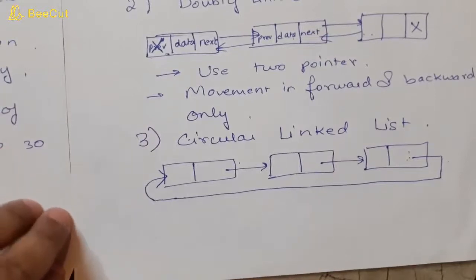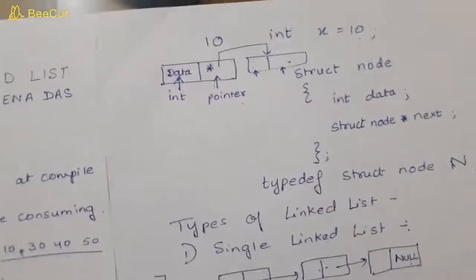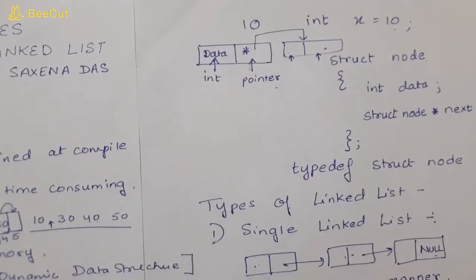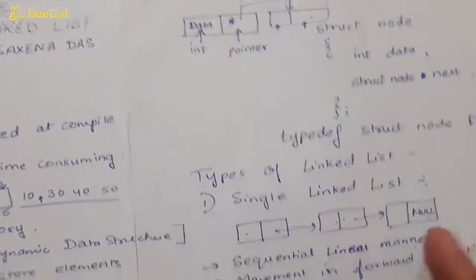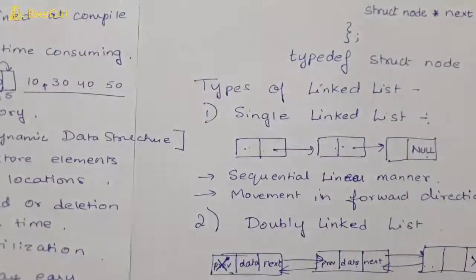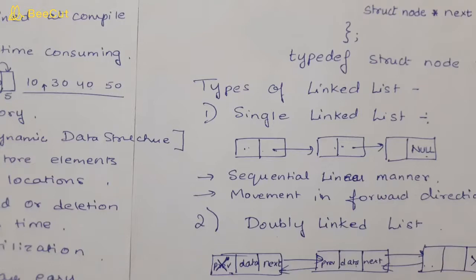There is one more thing in linked list that I want to discuss, that is the concept of head. Now, as in case of an array you have the concept of index, if you want to access any particular element, you can access it through index. Here in a linked list, how are we going to traverse or access any particular element?